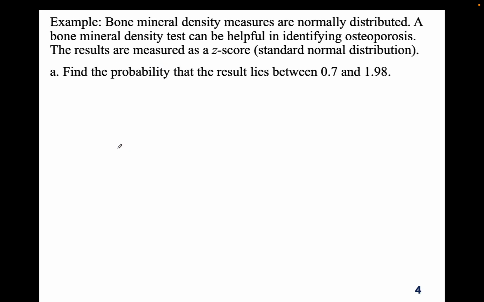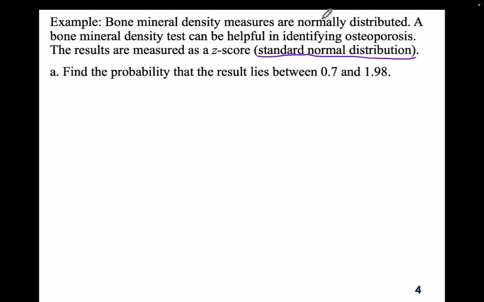Bone mineral density measures are normally distributed. A bone mineral density test can be helpful in identifying osteoporosis. The results are measured as a z-score. So z-scores mean we're under that standard normal distribution bell-shaped curve with z-scores on the horizontal axis.